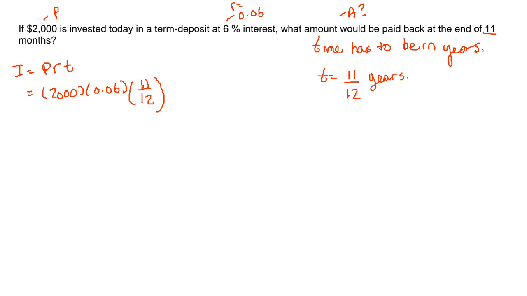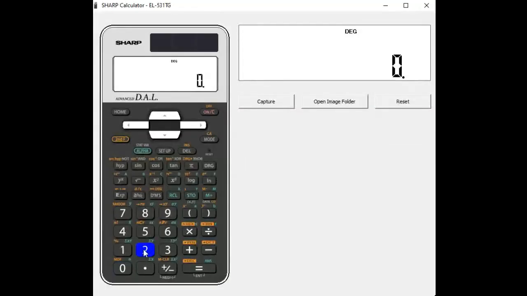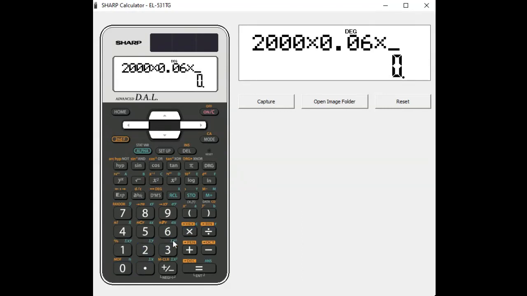Okay, so we had 2,000 times 0.06 times 11 over 12, and that gives me 110.